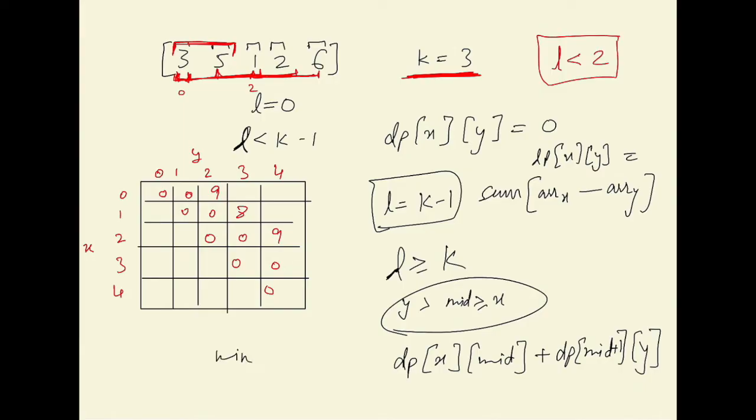So the minimum over all such mid would be our dp[x][y].